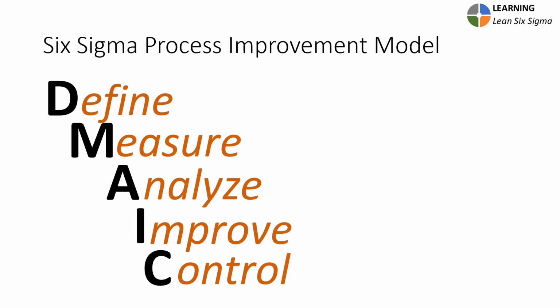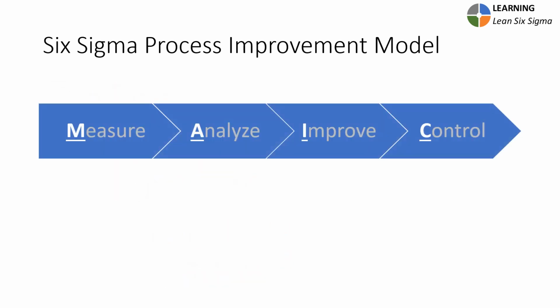However, I wanted to share with you something that I've learned throughout my training, that in the early days of Six Sigma, there was no define phase. In those first years of building and developing the Six Sigma methodology, they had just a 4-step process to measure, analyze, improve, and control.